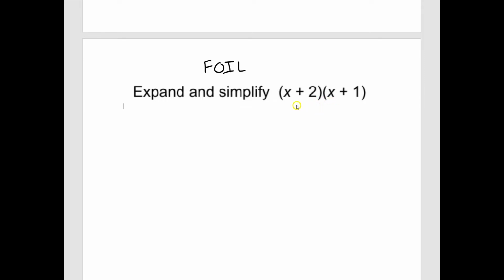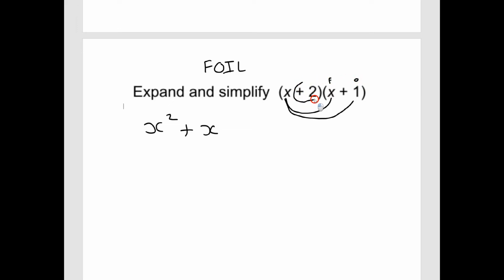But we call it FOIL because we have the first term in the first bracket times the first term in the second, x times x, which is x squared. Then we have to do x times plus 1, which gives me plus x. So that's the outside. I've done the first and the outside.